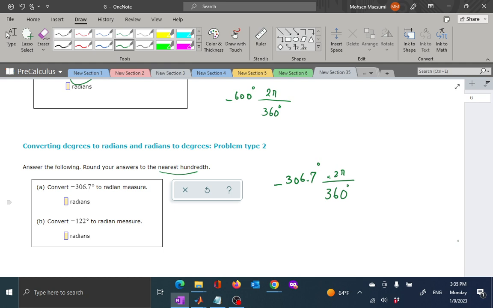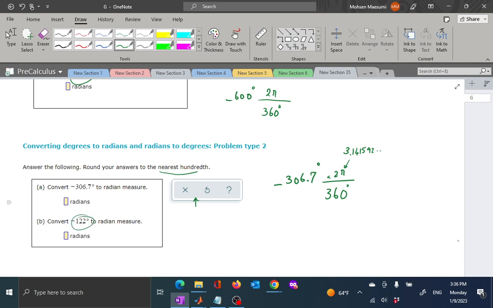You notice the notation of pi is not here anymore. So this pi, you want to also use your calculator pi, 3.14. And then give the answer as a decimal, rounded to the nearest 100th.